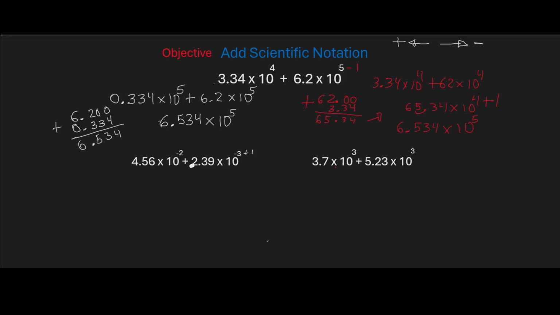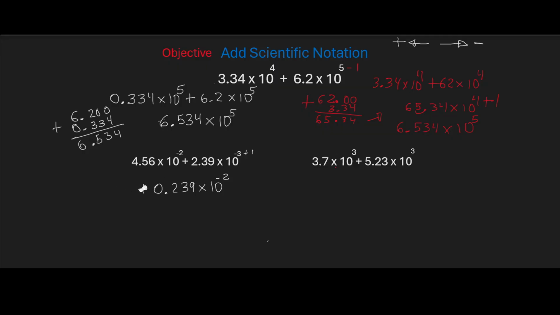So if I move it back 1 unit, I'm going to get 0.239, and that will be times 10 to the negative 2nd power. Remember, if they have different signs, subtract, that will give you 2. Keep the sign of the biggest number. That's how you get -2.